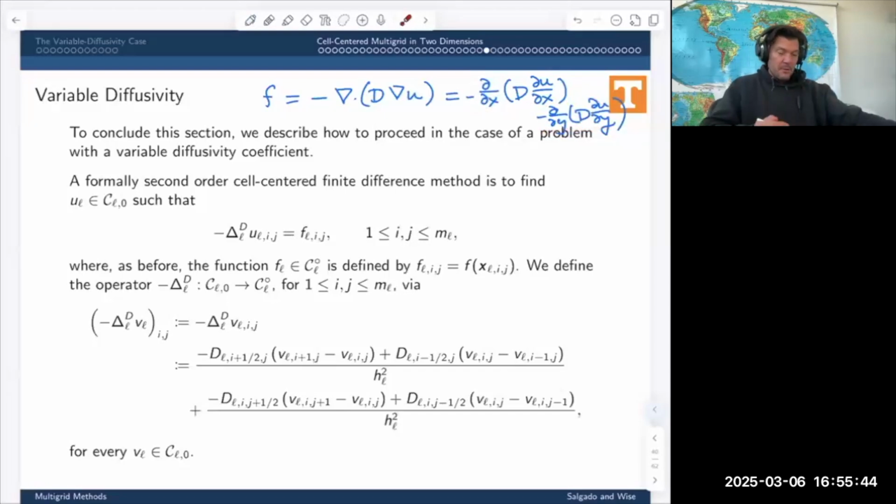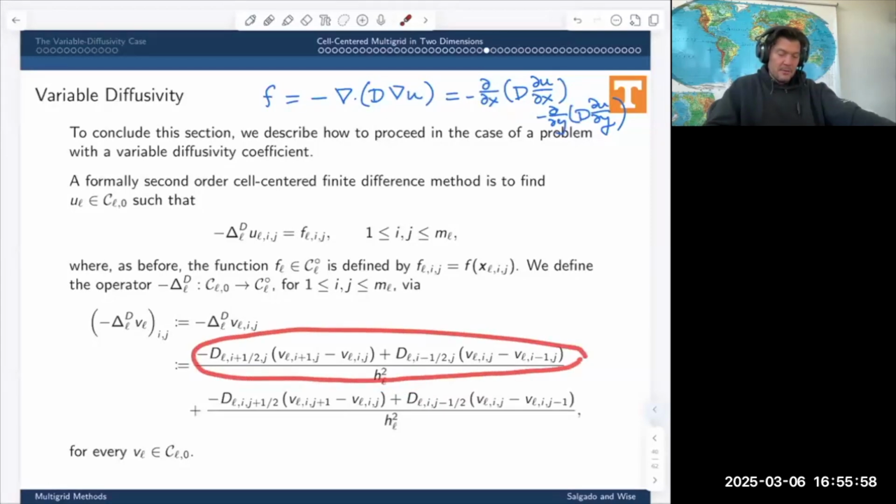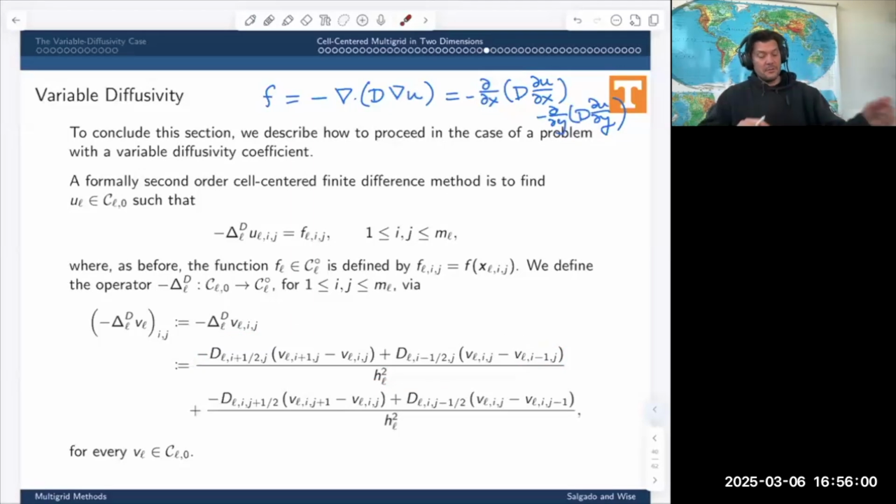If you remember, in one dimension, for the variable diffusivity case, for the x derivative, I used that approximation. This is my analog to the 3-point stencil for the Laplacian operator, but where the diffusion is non-constant. Remember, I said we were going to write this part as the finite difference of a function times a finite difference.